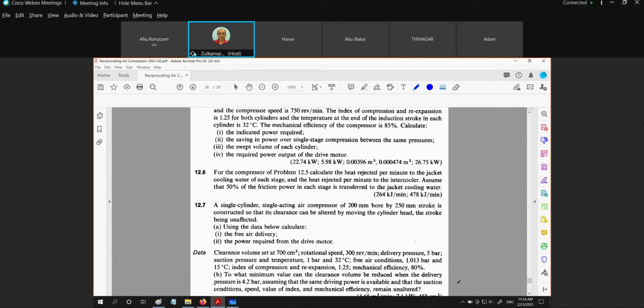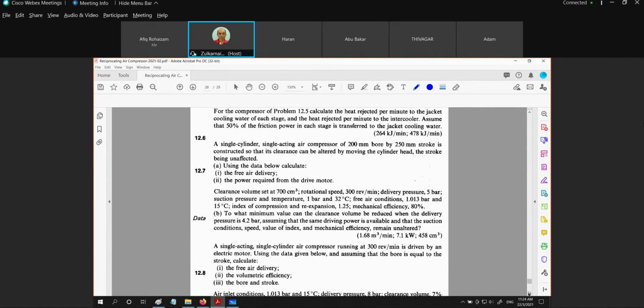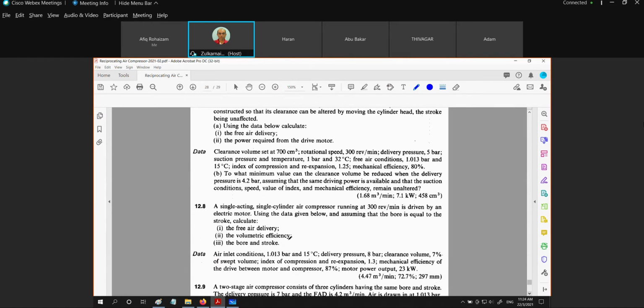But usually when you are asked for the FAD, the dimension or the geometry of the piston is given. You see right here, 12.8, you're being asked to get the free air delivery, the FAD, or the V dot.